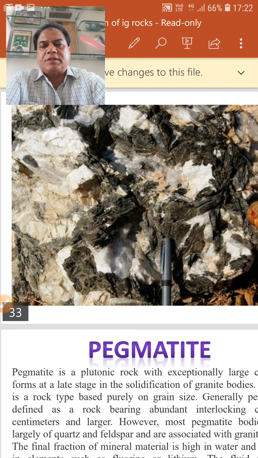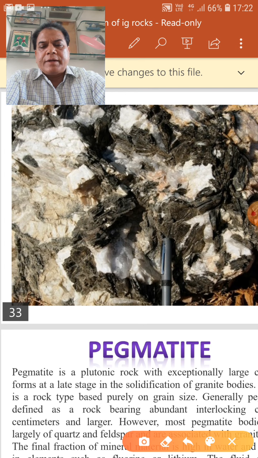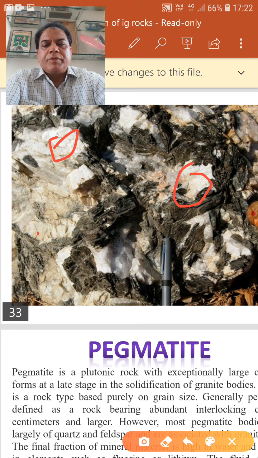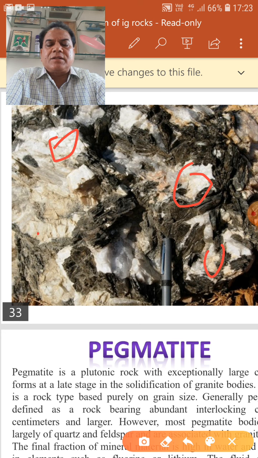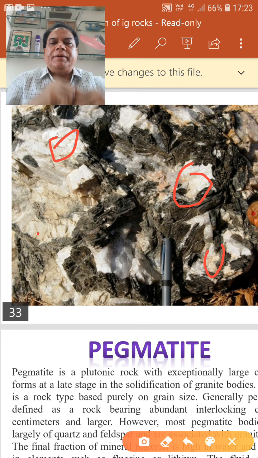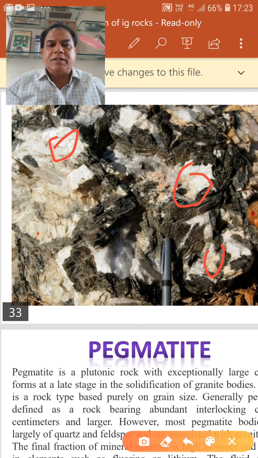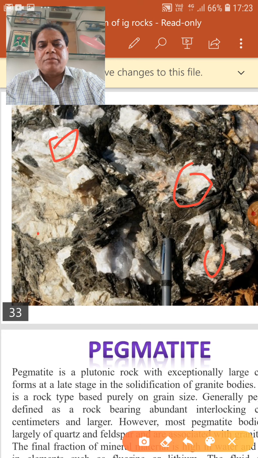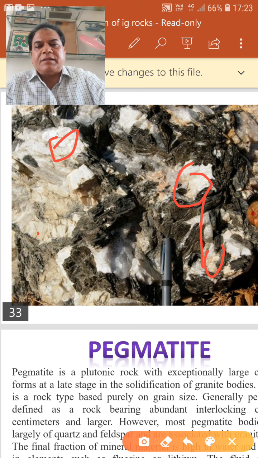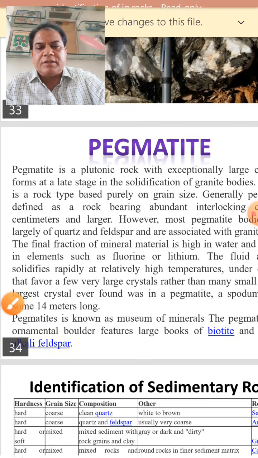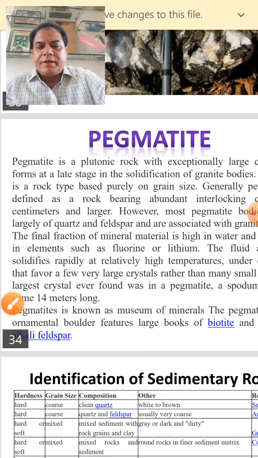This is the quartz, large size quartz, right? These are large grains. Even the crystals are of such a size that you cannot put your arms around them, meaning the diameter is very large. They are formed in the end stages of the magma, and all the residual content left in the magma is crystallized in the pegmatites, and various typical minerals are found in these pegmatites, right?